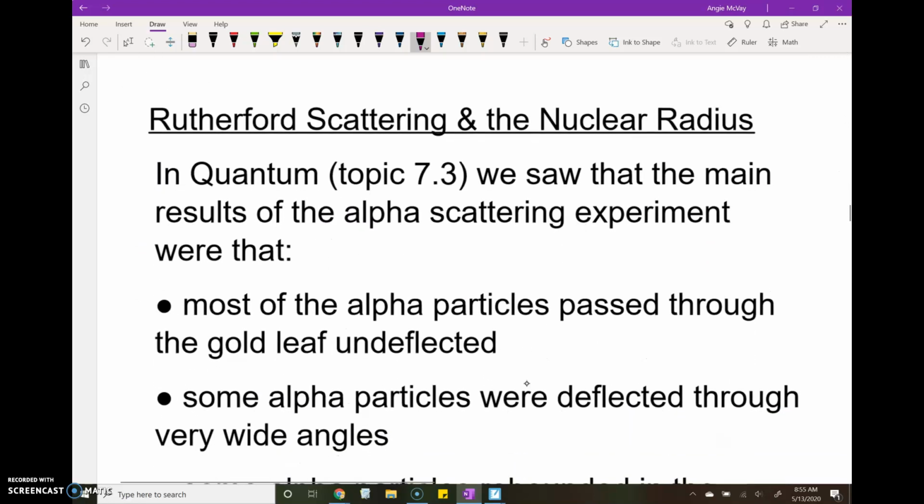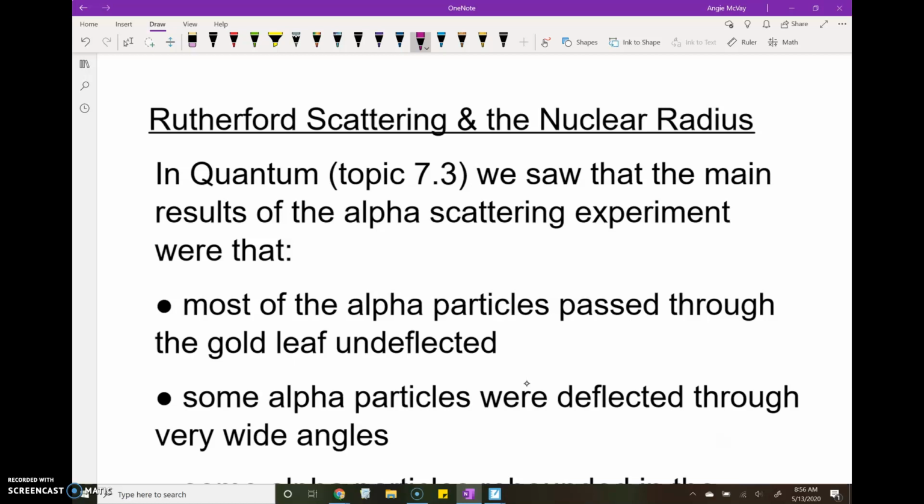Okay, so you guys remember in quantum, Rutherford did that gold foil experiment. He shot an alpha particle at some gold foil, and that helped him to realize that atoms aren't just big blobs of positive with little negative bits scattered throughout.